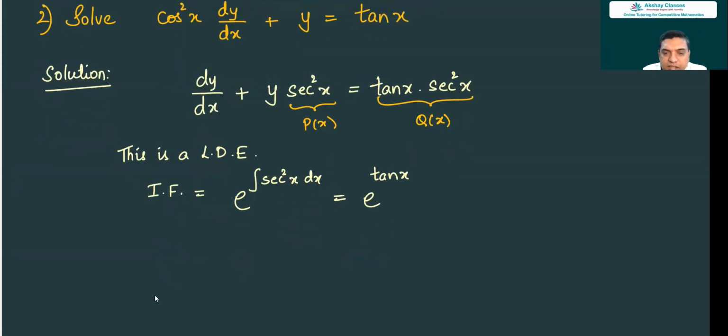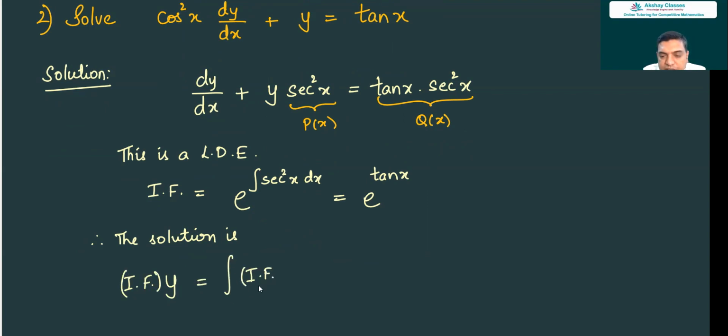Therefore, the solution is integrating factor times y is the integral of integrating factor times the right hand side function, plus c.